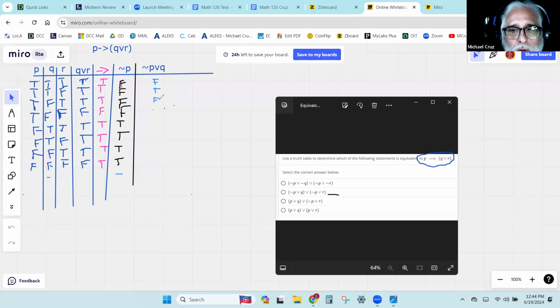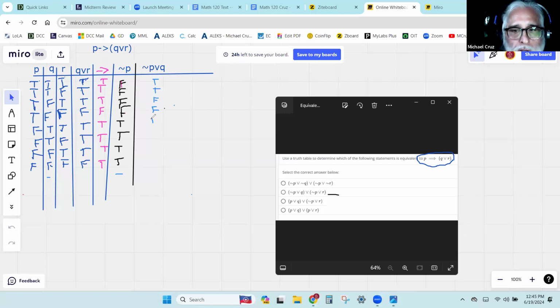false. Wait a minute. This first one should be a T. Because it's Q or not P, and it's got one T. No T's. This is another no T's. It's false.